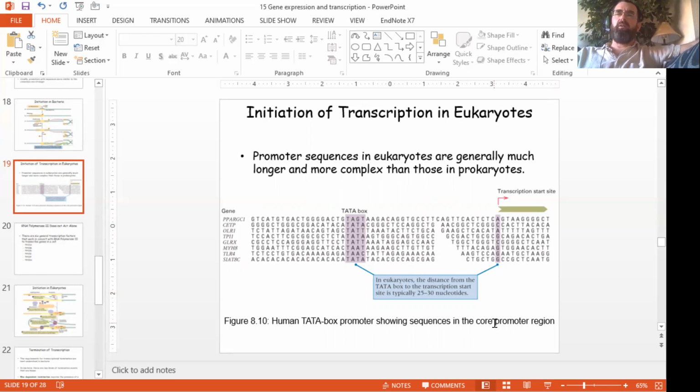And also eukaryote promoters have a much, much larger array of sequences that are recognized by transcription factors and transcriptional activators and repressors and the like. The control of initiation of transcription in eukaryotes is far more complicated than in prokaryotes.